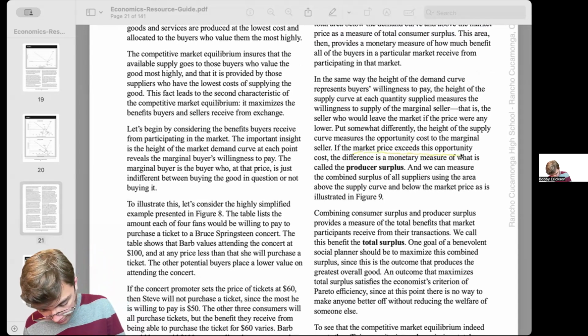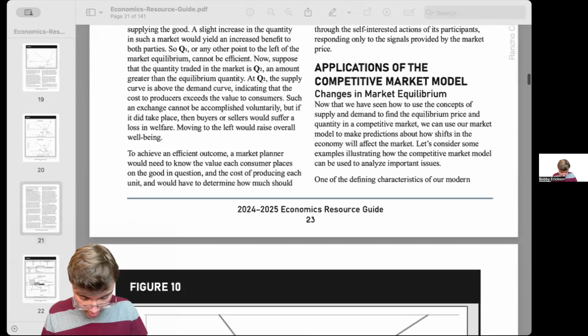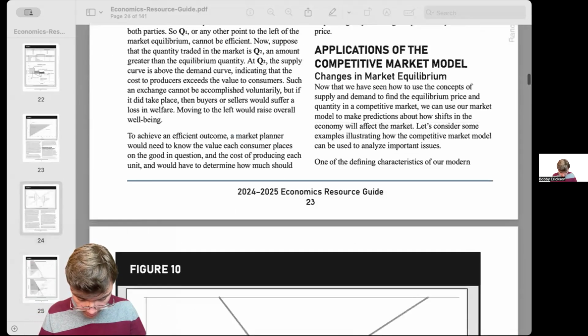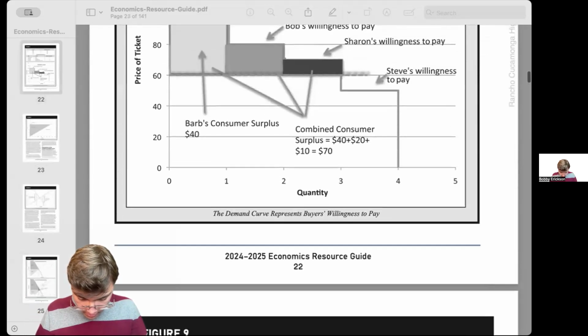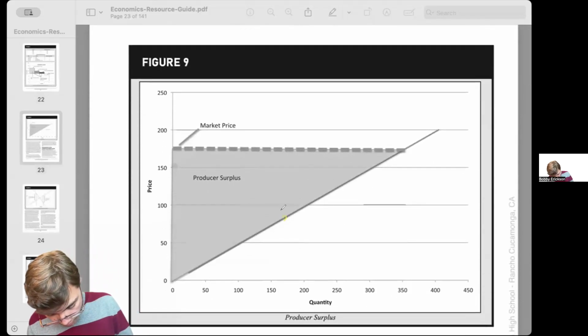And so if the market price exceeds the opportunity cost, since the height of the supply curve is a measure of the opportunity cost to the marginal seller. So remember, we can see right here this point, for example, let's say this is the intersection because I just want to draw the demand curve.